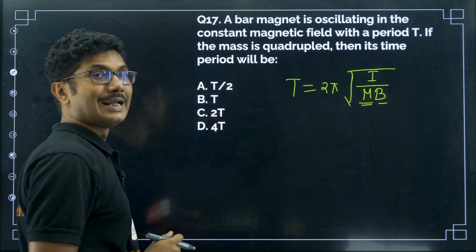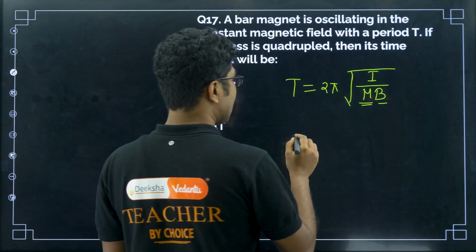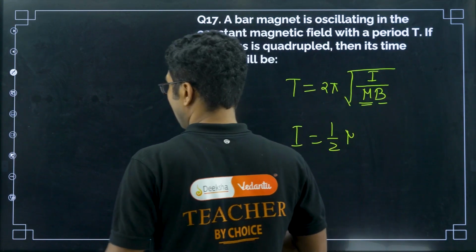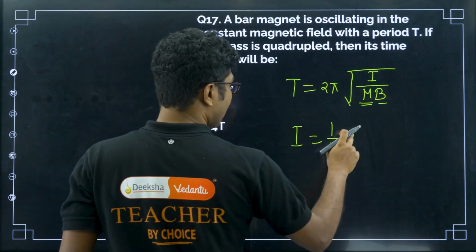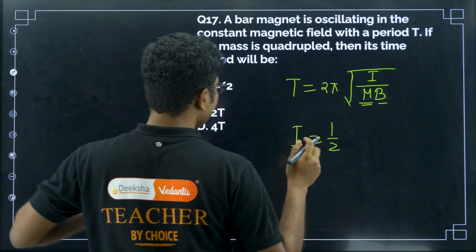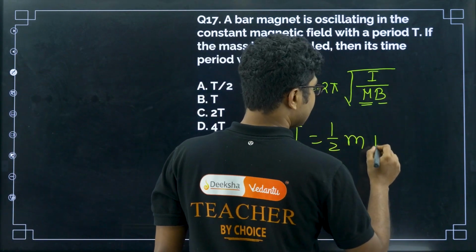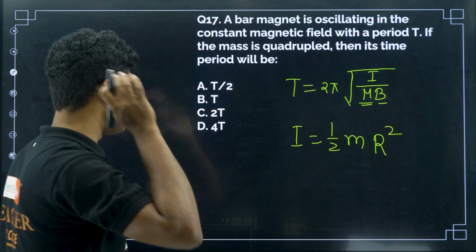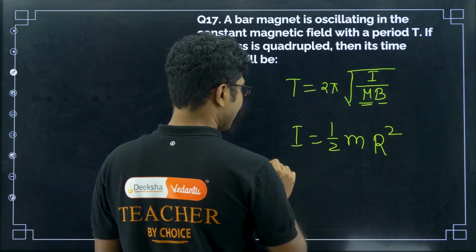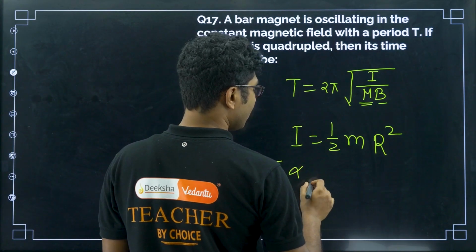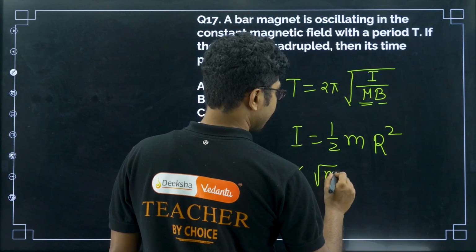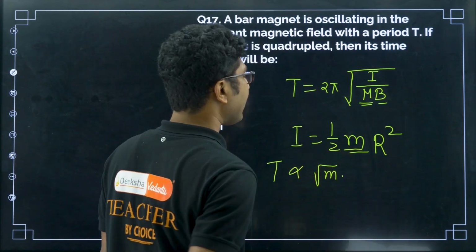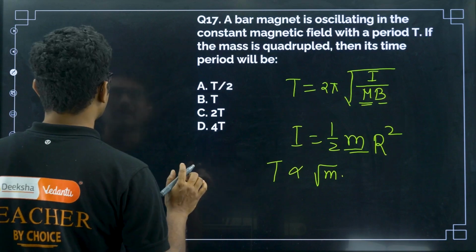So mass is hidden inside moment of inertia. I is basically half M R square, for when it is rotating about the center of mass, and R is the distance from the center of mass. So we can see that time period is proportional to the square root of the mass, because I is dependent on mass.